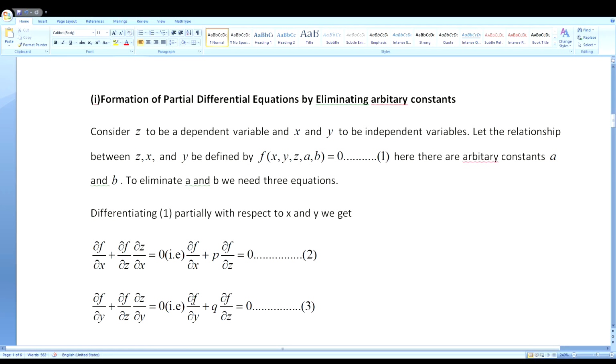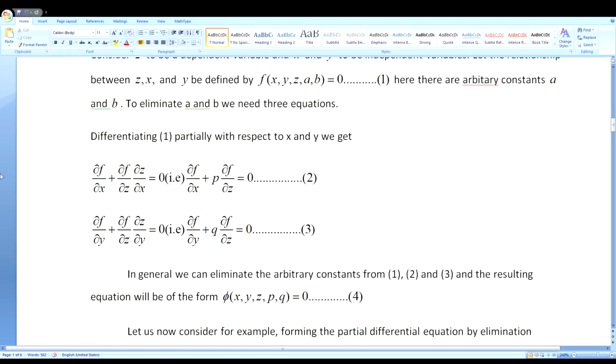That is ∂f/∂y plus q times ∂f/∂z equal to 0. We can eliminate the arbitrary constants from 1, 2 and 3 and get phi of x, y, z, p, q equal to 0, which is a partial differential equation.